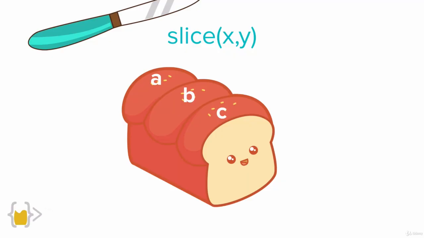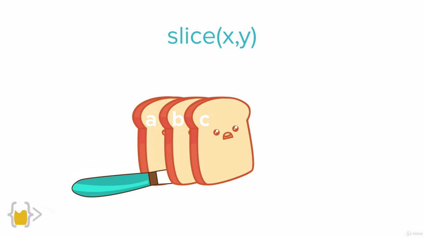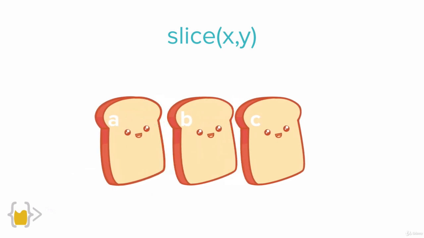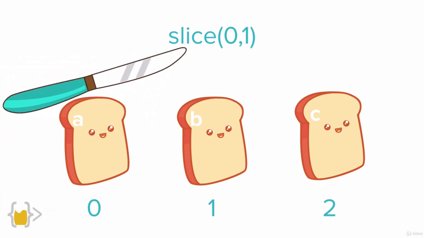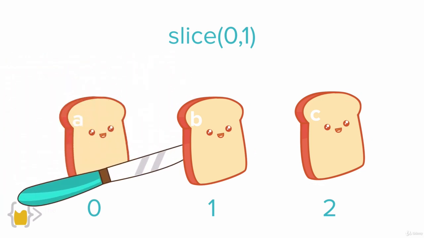So let's say that we have a string, ABC, and we use the slice function on it. Then it allows us to separate the string into separate characters. But more importantly, we can pick and choose which slices we would like out of this original string. So for example, if you write 0, 1, then you end up slicing at position 0 and then slicing at position 1.